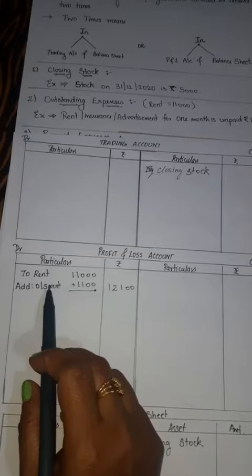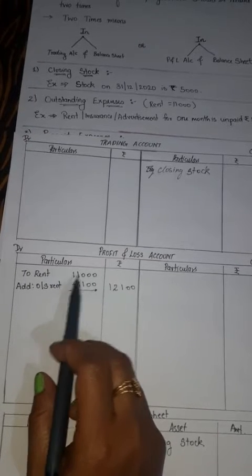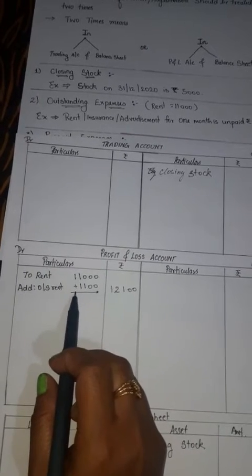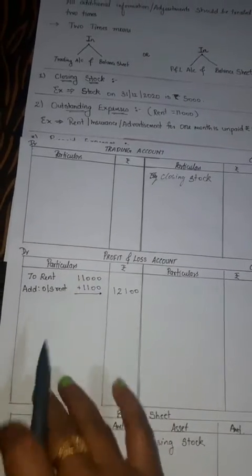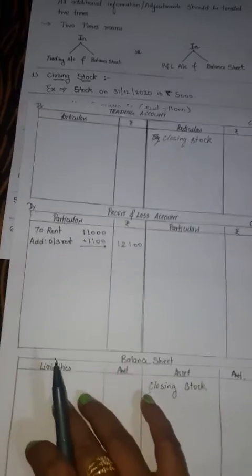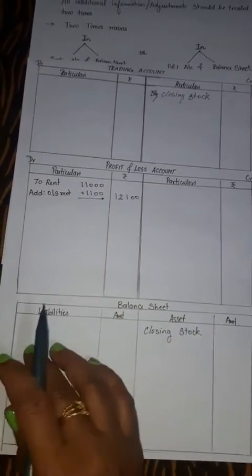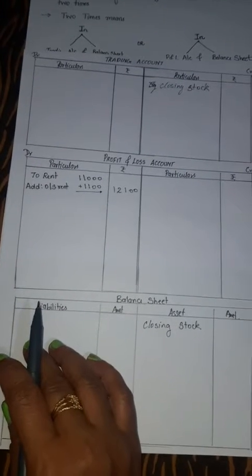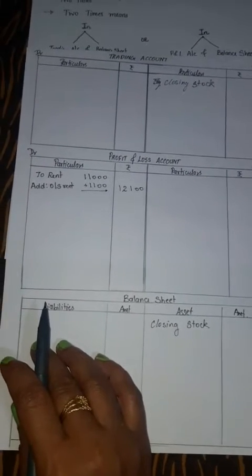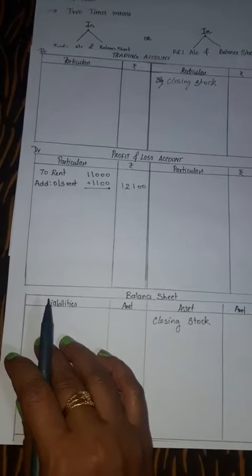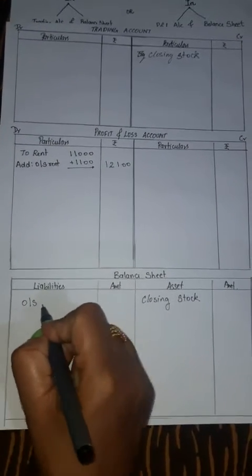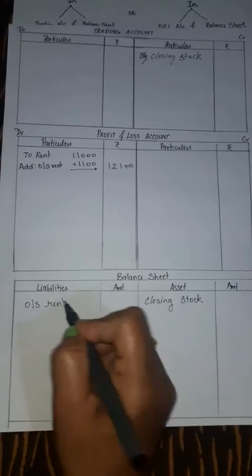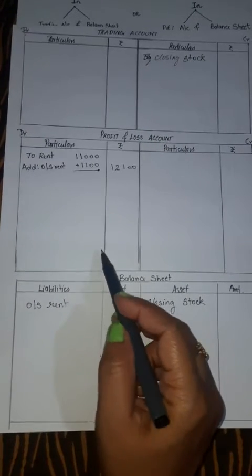So you have to add the outstanding expenses with their respective items and put the amount in the outer column. This was the first effect. Now the second effect of the same outstanding rent, you have to show it on the liability side. Why? Because outstanding rent means you have not paid your liability. So your liability of outstanding rent is still to be paid. What is the amount you are supposed to pay?